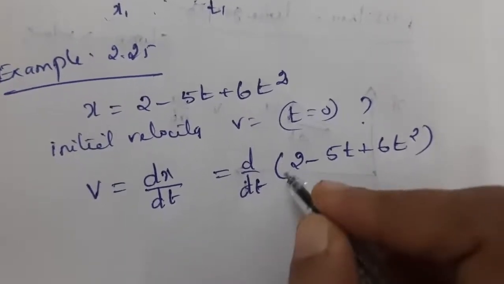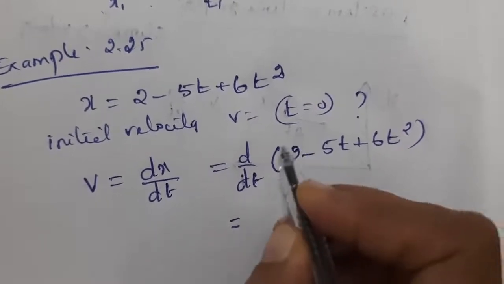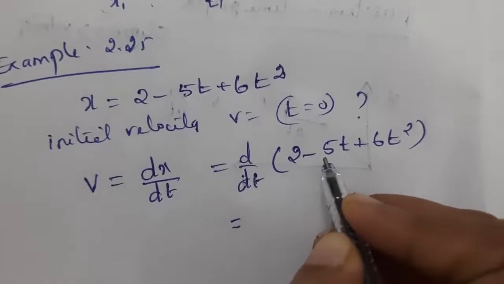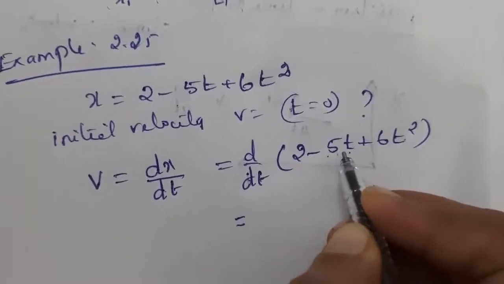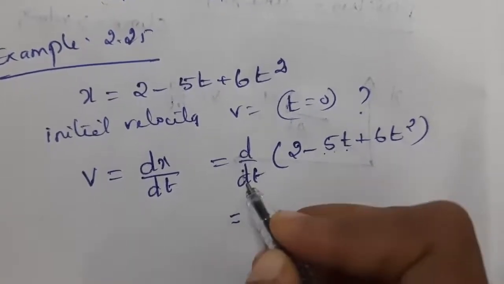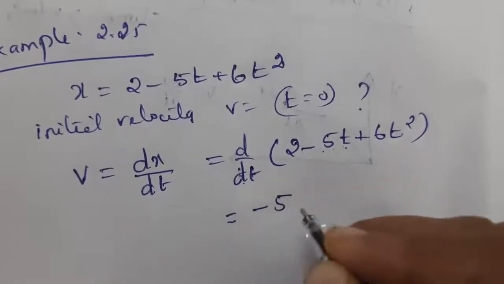That is differentiation. How can we do the differentiation? Differentiation of the constant is 0. Next, minus 5 into t. Here dt by dt is equal to 1, so 1 into minus 5, we can write minus 5.